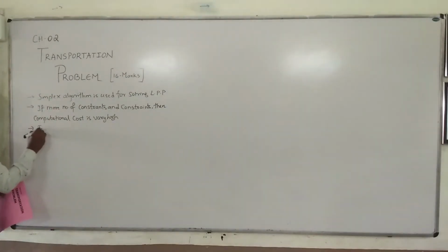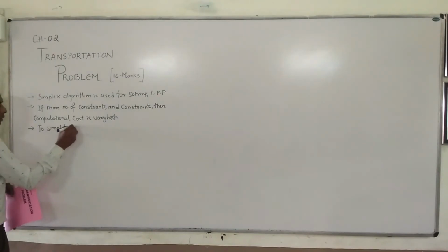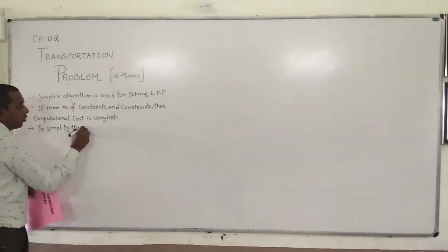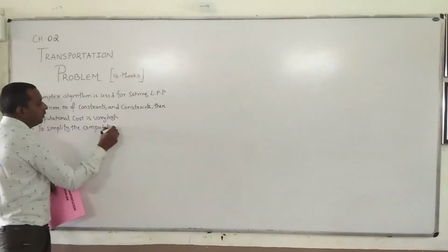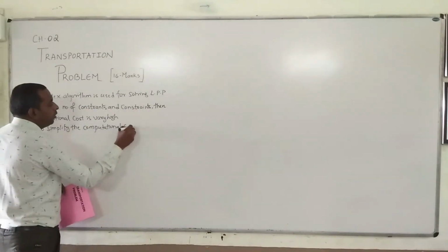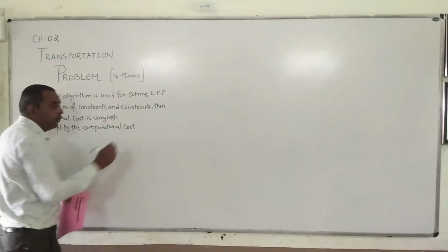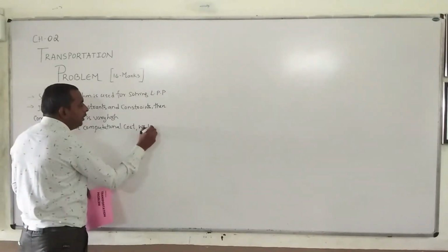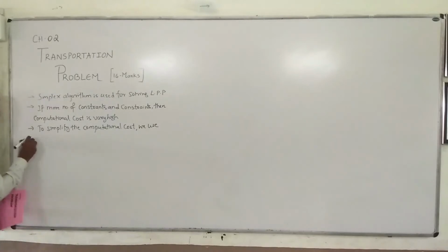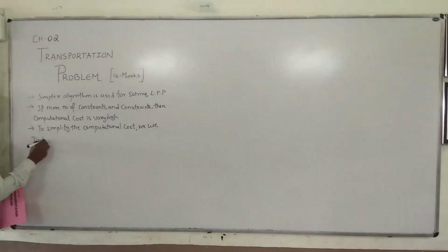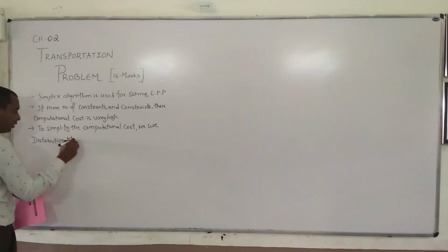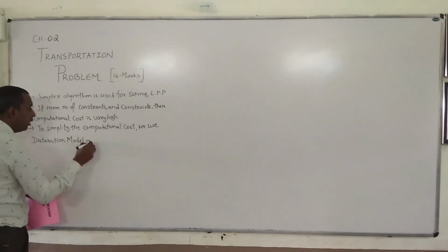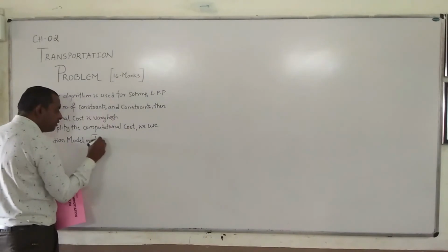So to simplify the computational cost, what do we do? We use the distribution model or transportation model.